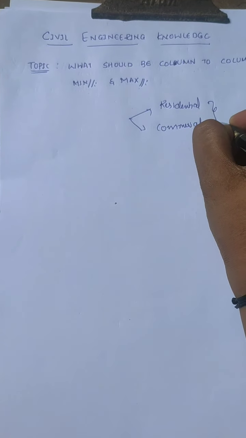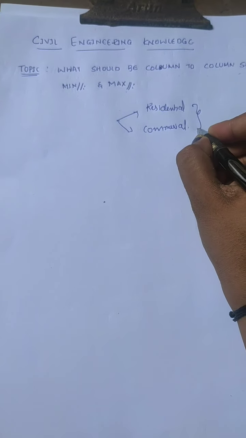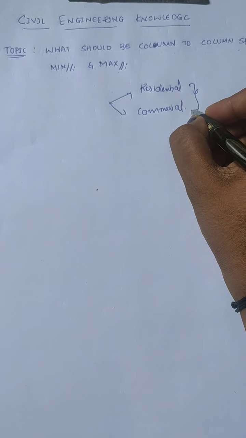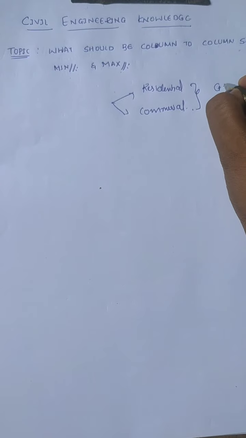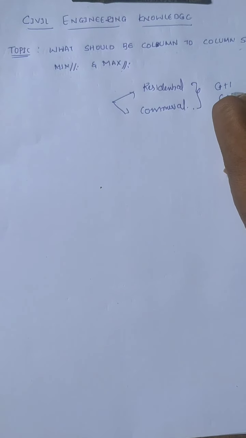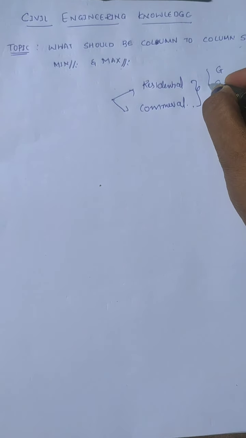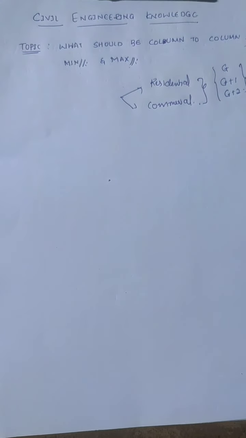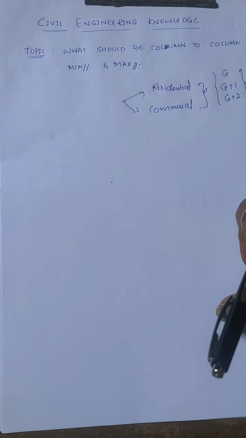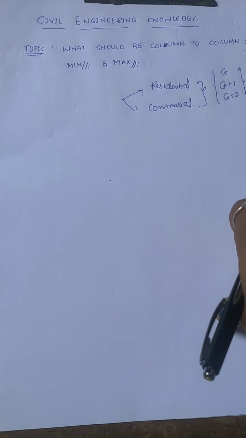In both the buildings we should know what should be the minimum column spacing you need to decide. So today we will discuss with G+1, G+2 and ground floor. So in this video we will get an idea of what should be the column to column spacing.